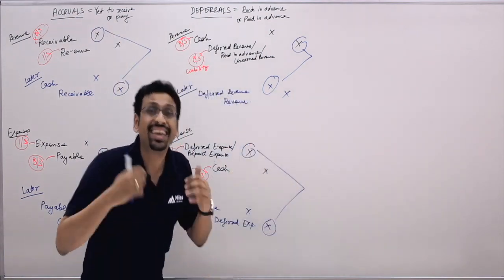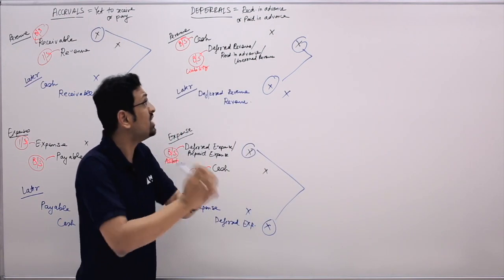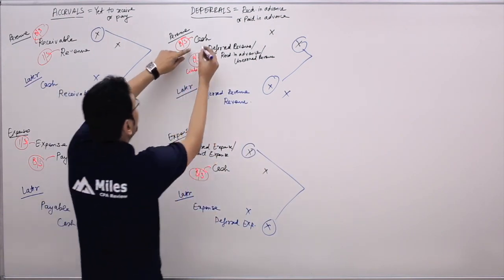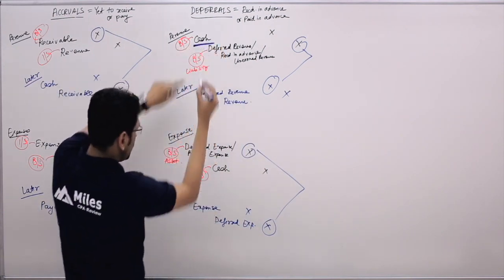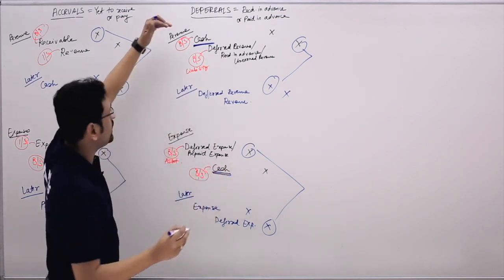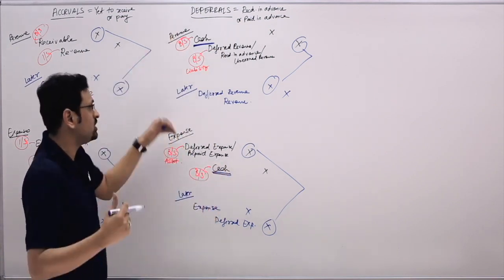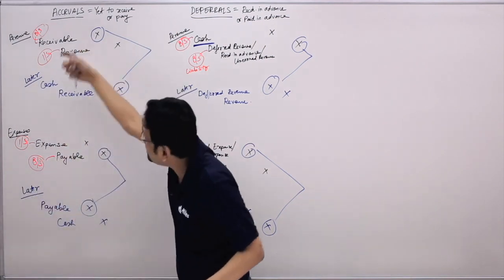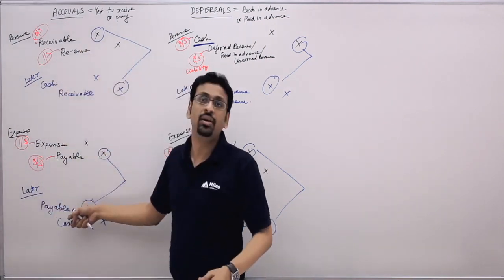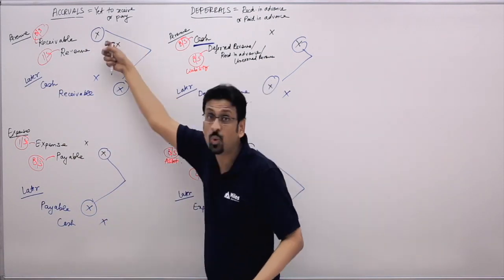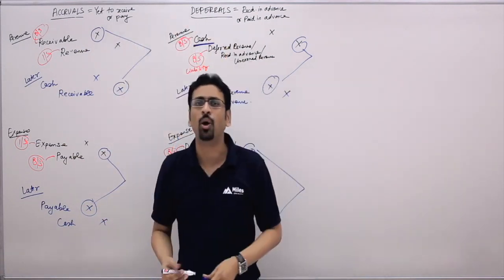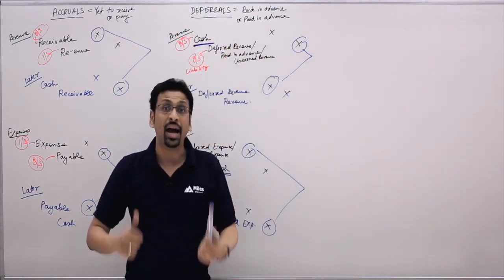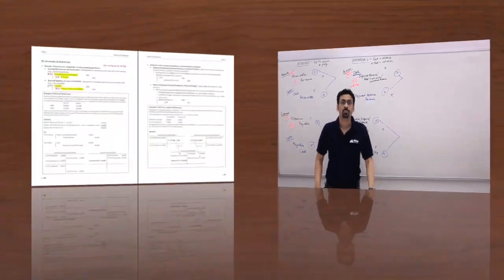In deferral, the cash comes right away, cash is coming first. In case of a revenue, you receive the cash. In case of an expense, you give out the cash. Cash comes first. In this case, cash comes later. So that's the difference between accrual and deferral. Very important. Let's look at it in the book and we'll come back and do a problem.